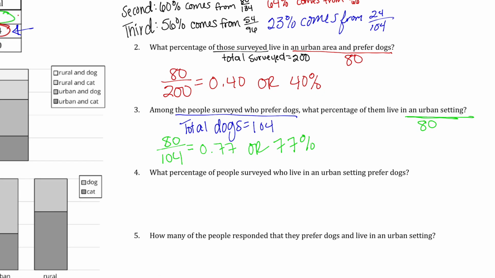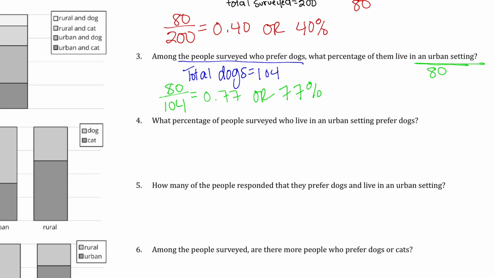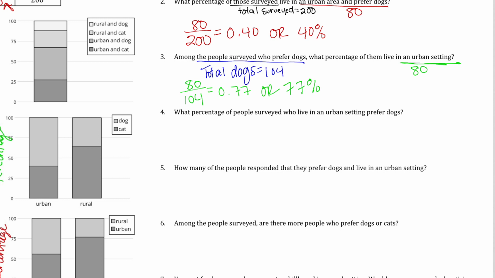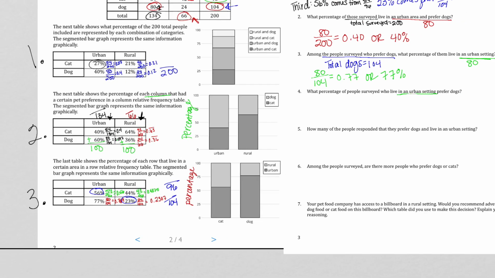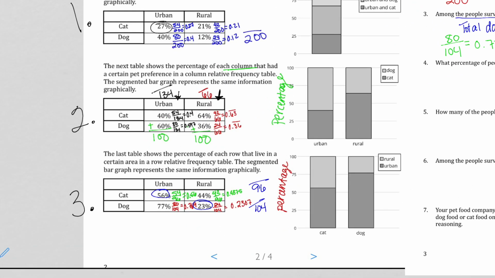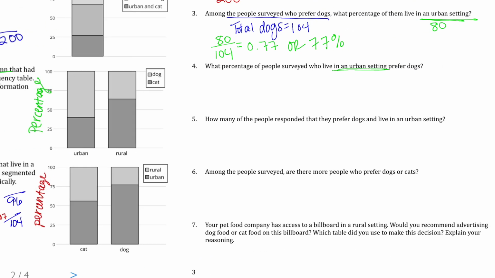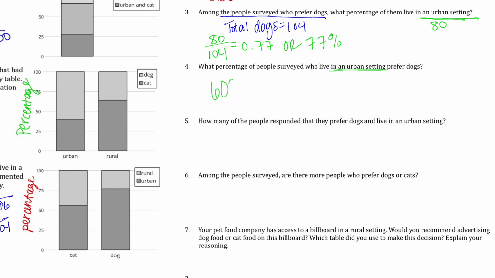Okay. What percentage of people surveyed who live in an urban setting prefer dogs? Let's use this one by looking at our tables. So urban was our column. So let's go find our table. So our column, prefer dogs. So this one, we just picked the 60. So you can do this by either calculating, or you can go look at your tables.